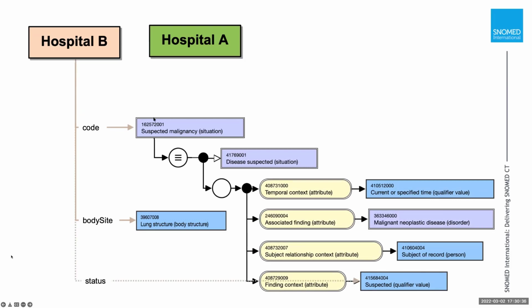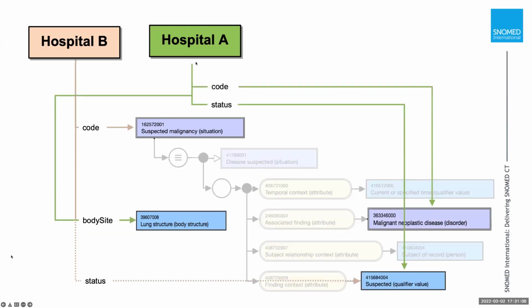So although they don't have an entry for the status, if you consider the information model with the code, the body side, the status can actually be derived from the definition of the code that they used for the condition. So the computer can automatically go in via these relationships and see, well, this concept has a status or context of suspected.